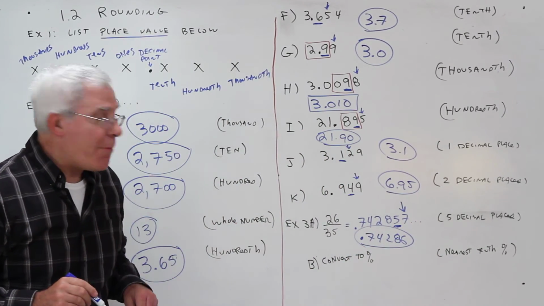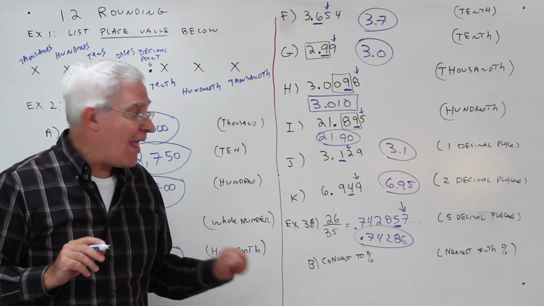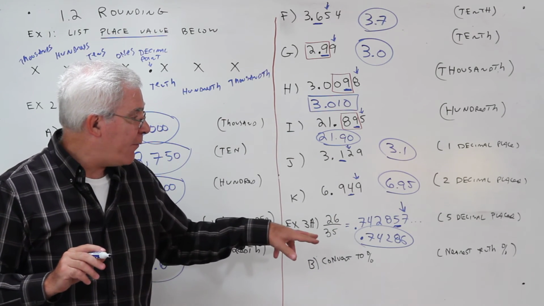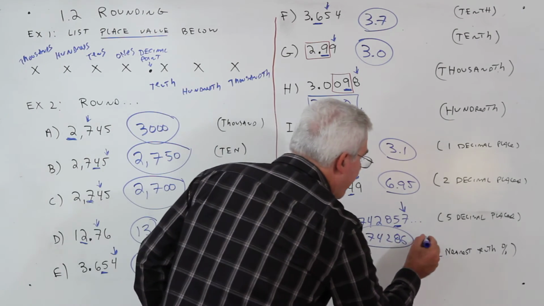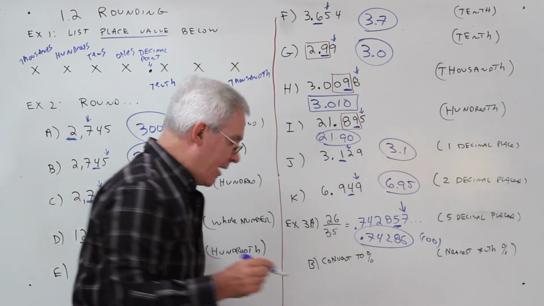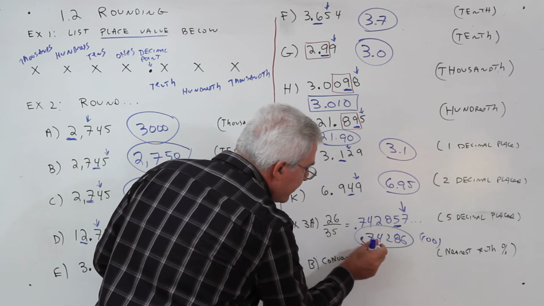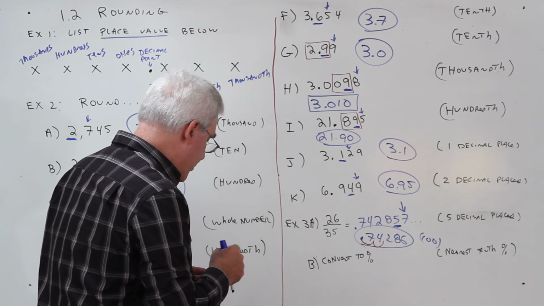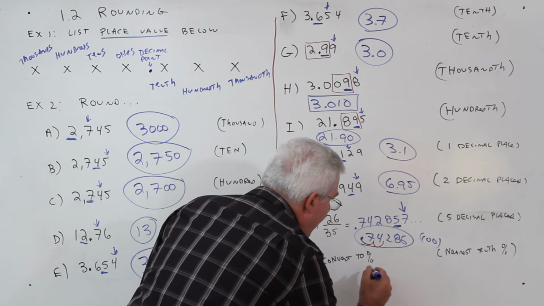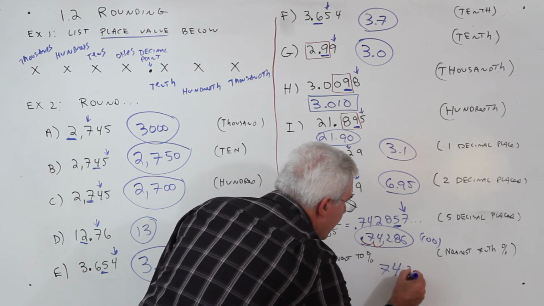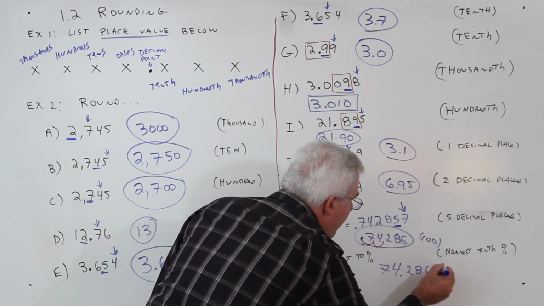Okay, now I want to convert this to a percent and round to the nearest tenth of a percent. So to convert that to a percent, I'm going to multiply that by 100. And again, I like to think just move the decimal 2 places. So I'll write that down. So I now have 74.286%.